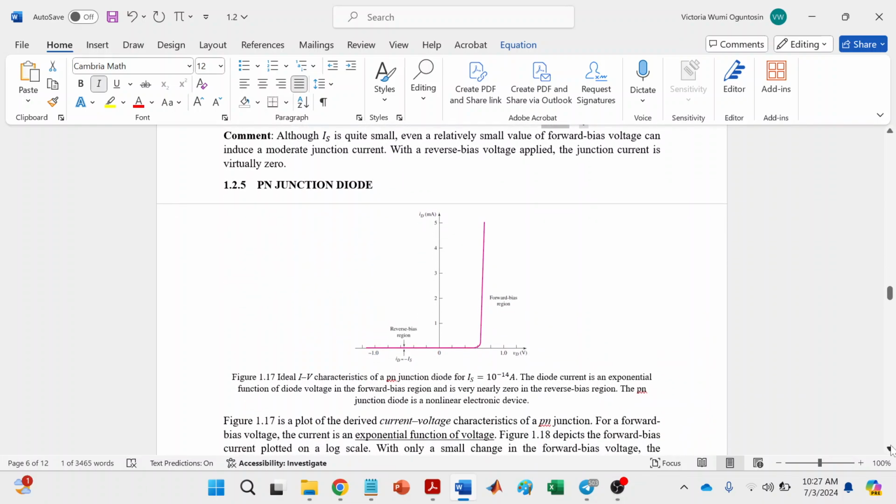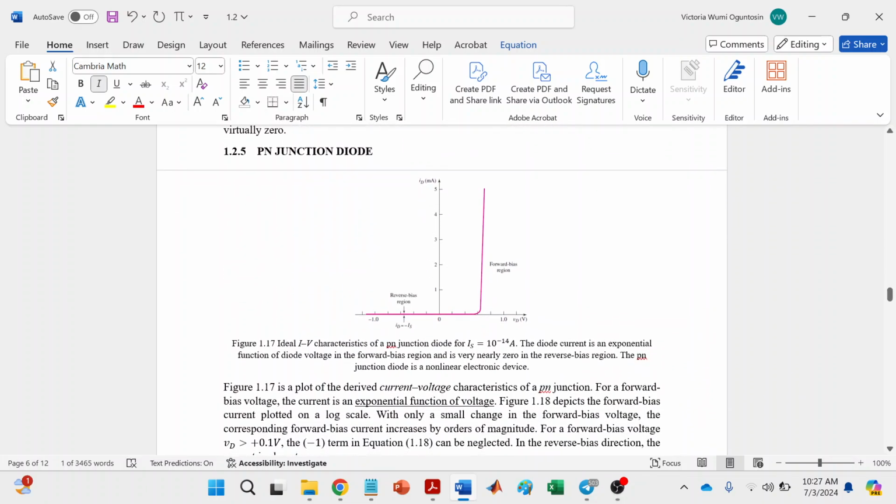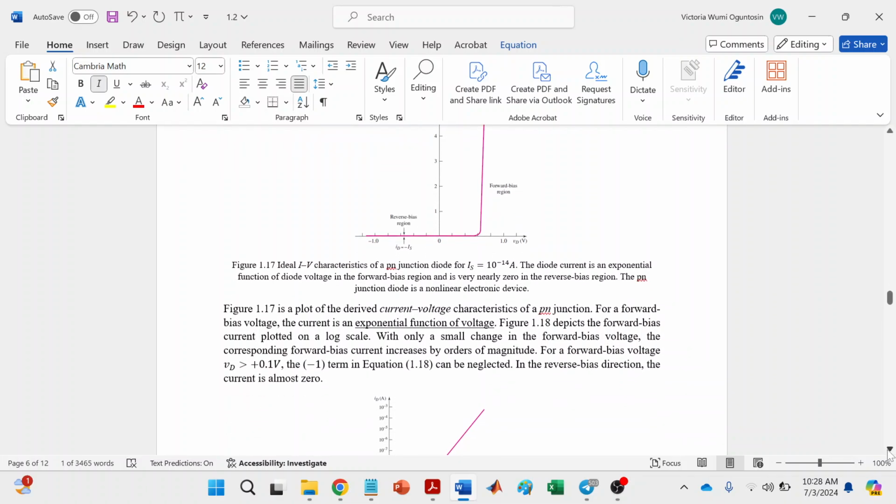So we now look at the IV characteristics of the diode. This is the voltage axis, and this is the current axis. We can see that when you apply close to 0.7 volts, some current begins to flow, and essentially when you are at reverse bias, no current is flowing across the diode.